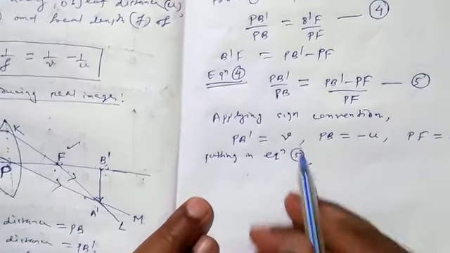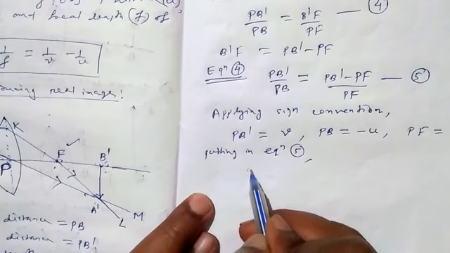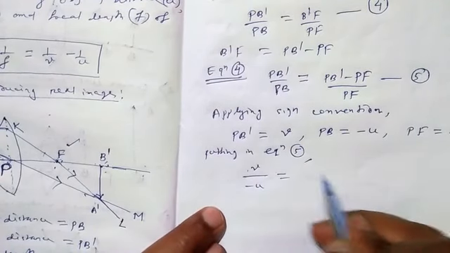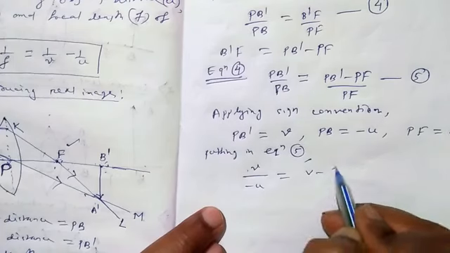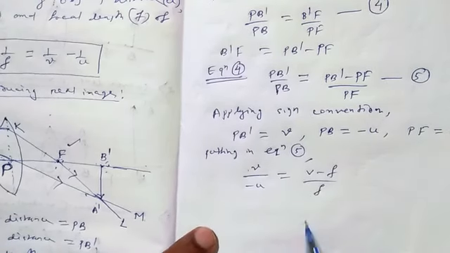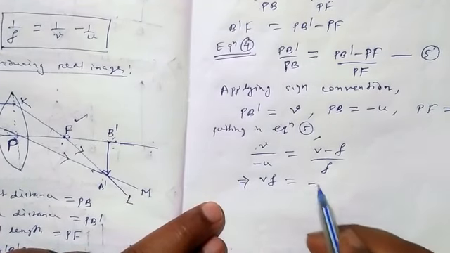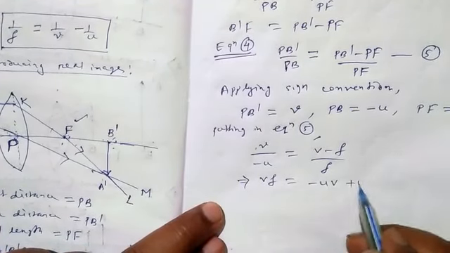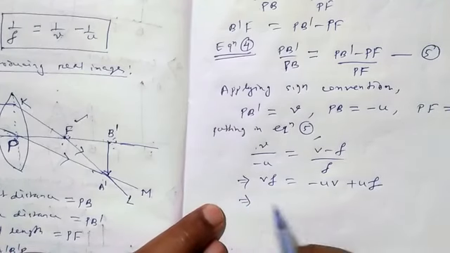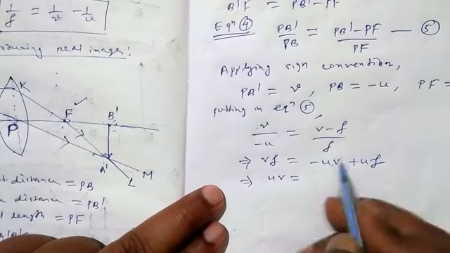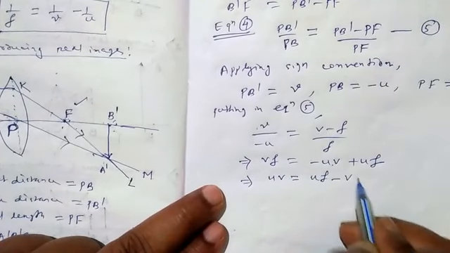Now putting in equation 5, we get v divided by minus u is equal to v minus f by f, implies vf is equal to minus uv plus uf, implies uv is equal to uf minus vf.